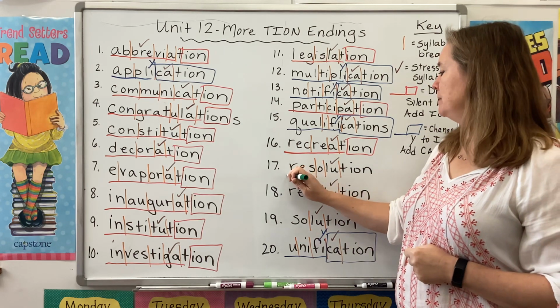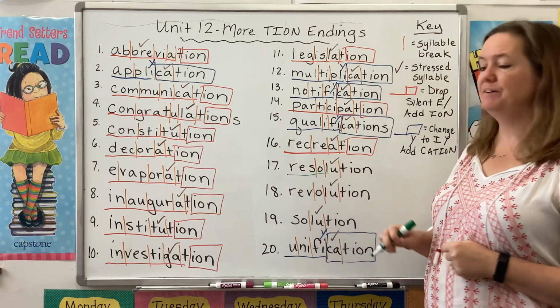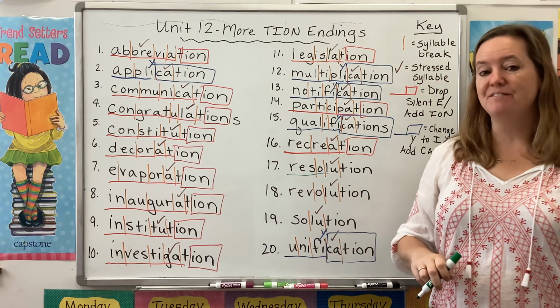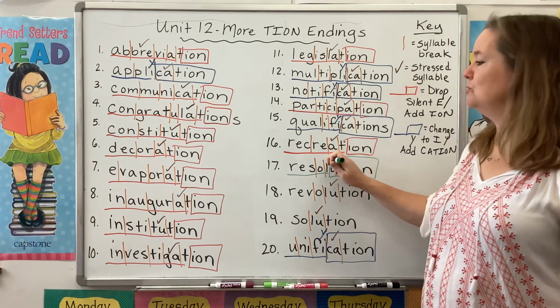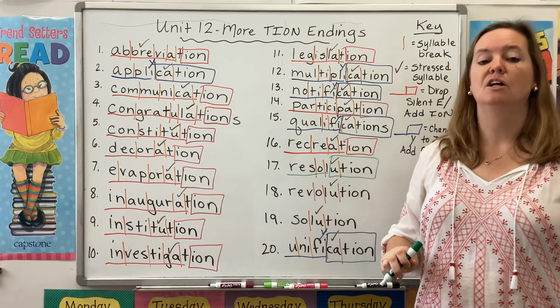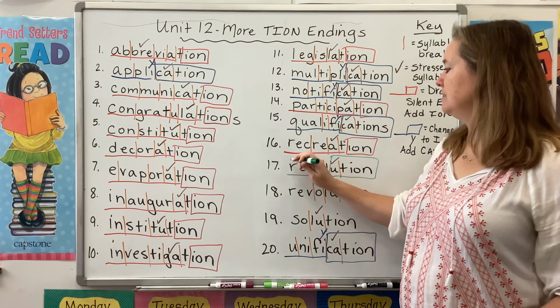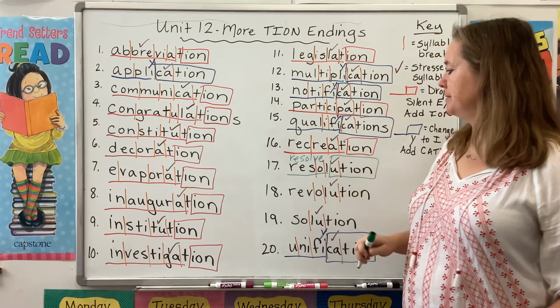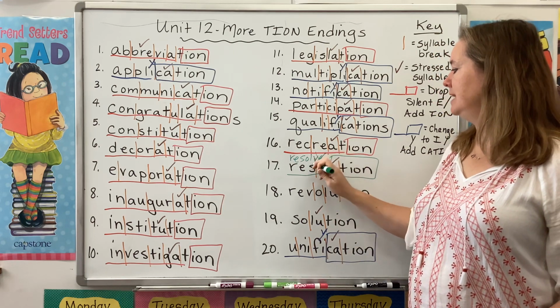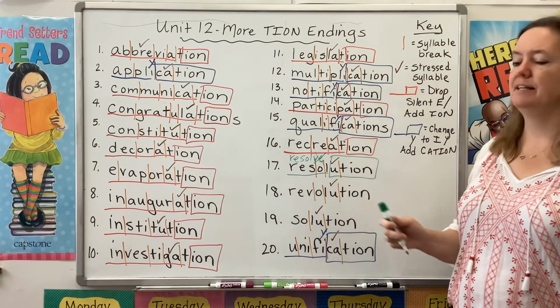So look what we do. We take the word resolve, we drop the VE, and we add ushin, resolution, okay? So this was the word resolve. We got rid of the VE and we added ushin.